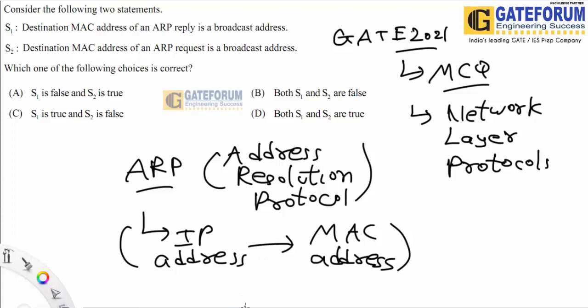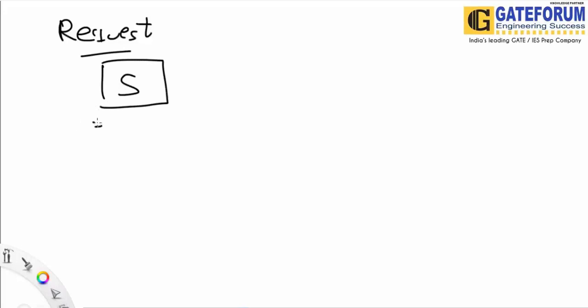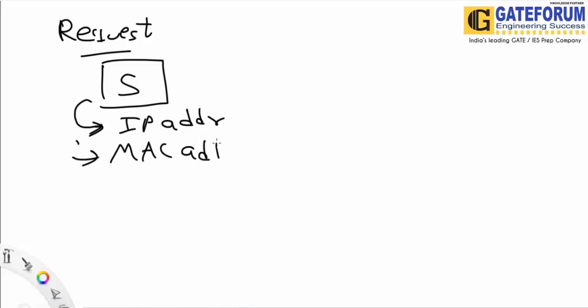Okay, so whenever we send the request here, at that point of time, the source would keep its own IP address as the source IP address and its own MAC address as the source MAC address. This one is the source IP and MAC address.